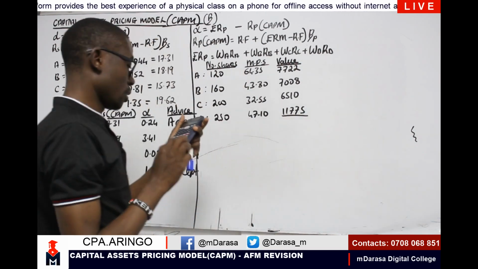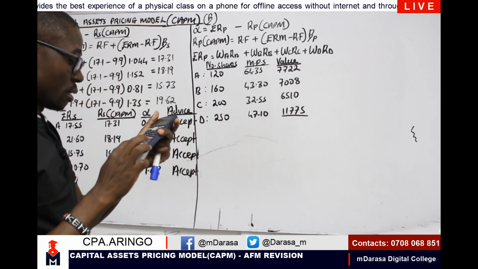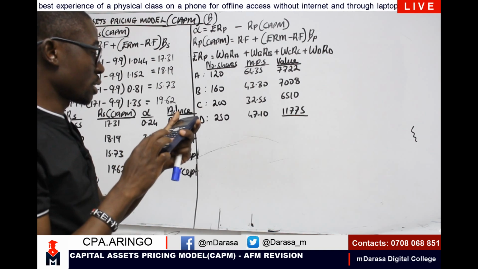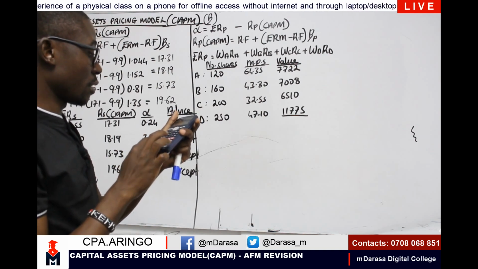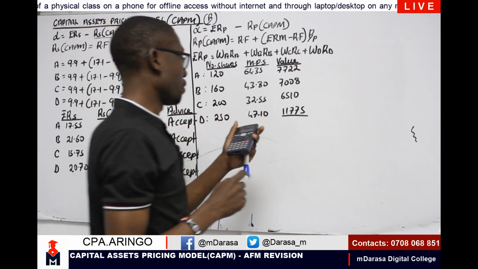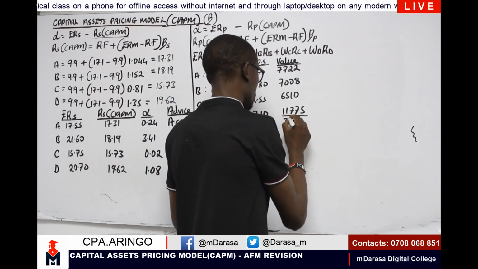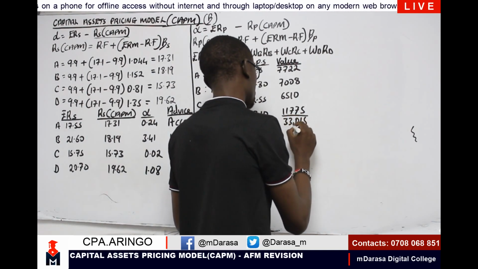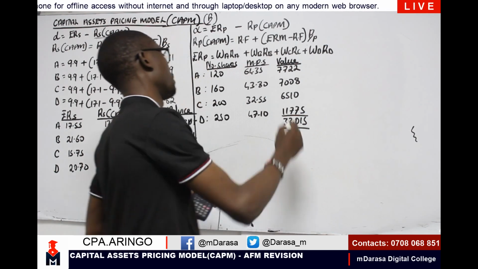So total: 11775 plus 6510 plus 7008 plus 7722 should give us 33,015.